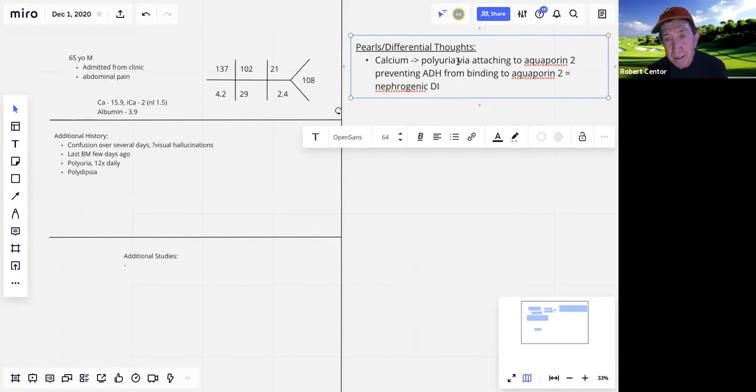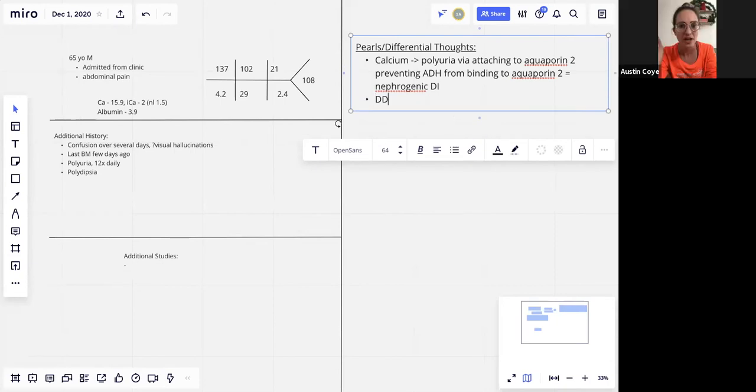Okay. But let's get back to the differential, and so I'm going to let Fernand help you with the differential. But why don't the two of you see if you can come up with reasons that someone will present to the hospital with a calcium of 16? And there are three big reasons.